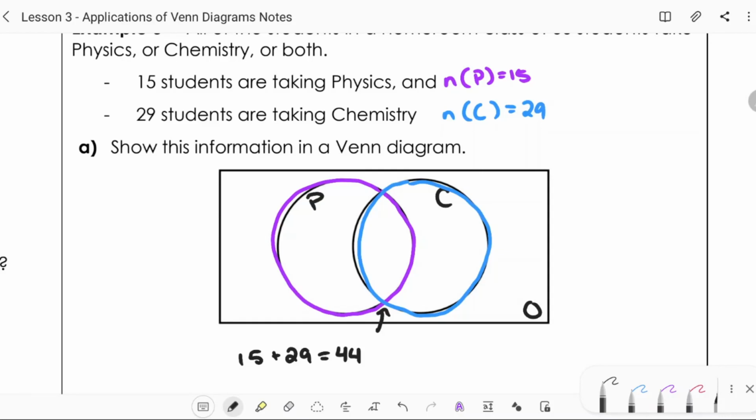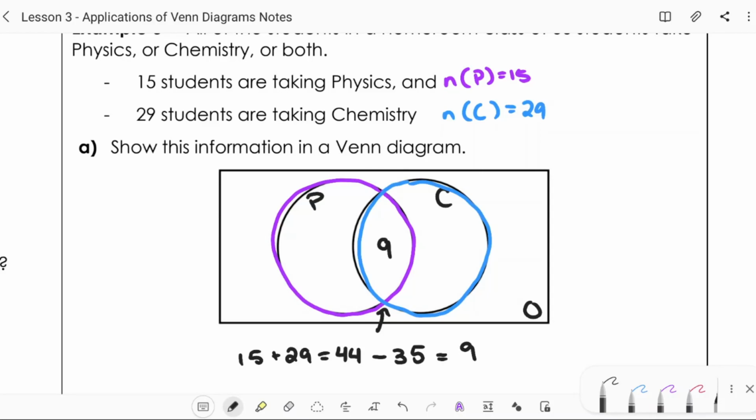And that's more kids than I have. So if I subtract the fact that I know there's 35 students, that'll tell me how many are actually in both. It'll tell me how many students essentially I've double counted. So if I do 44 minus 35, I know there's 9 students in that overlap.